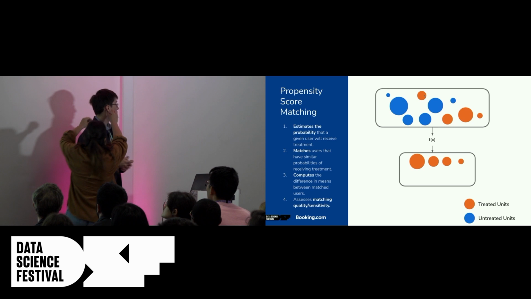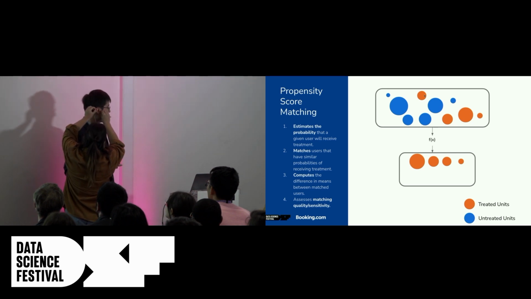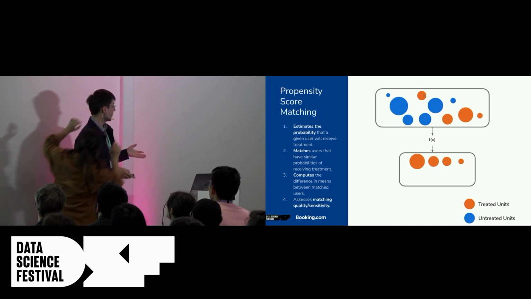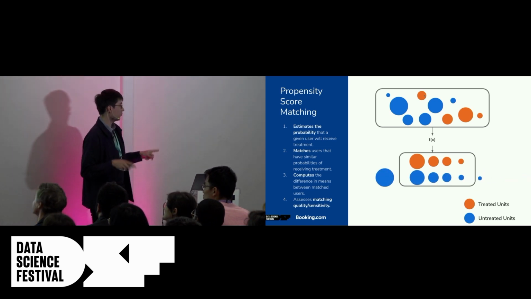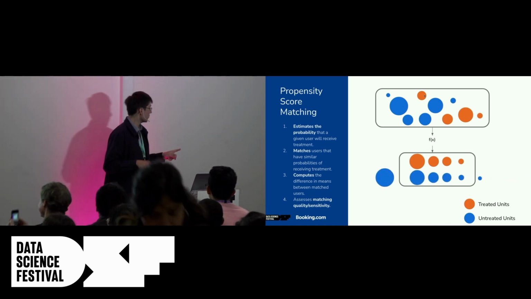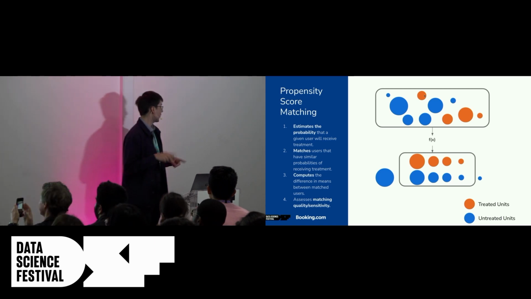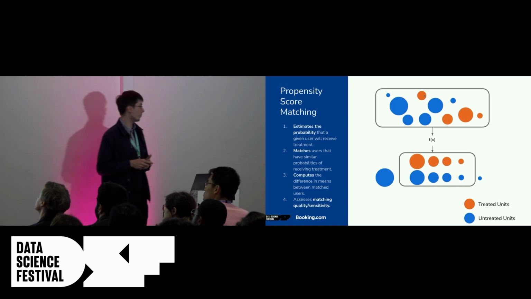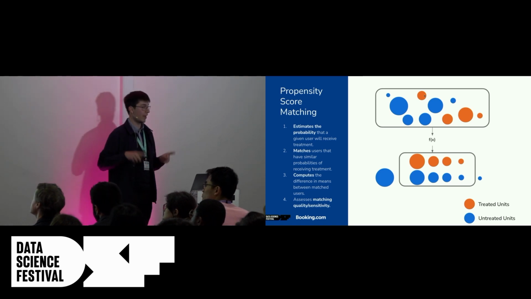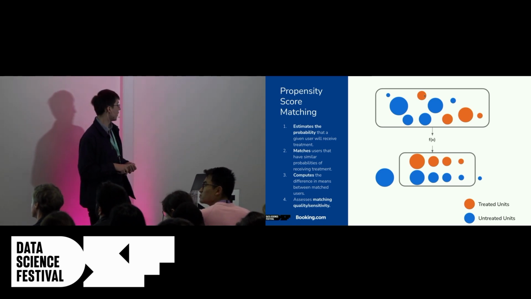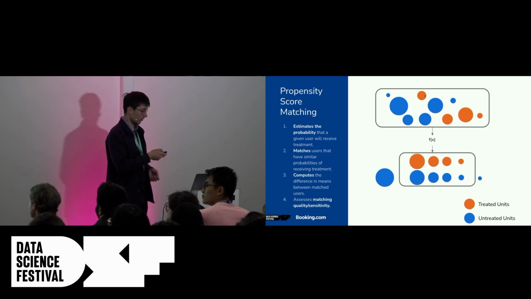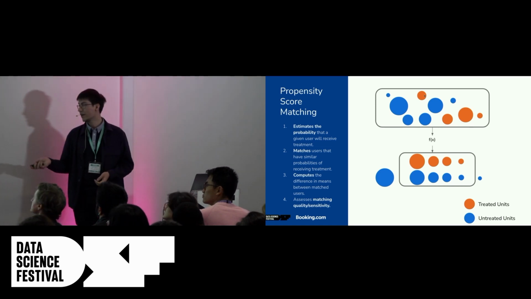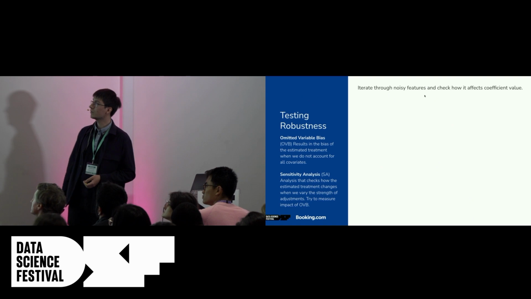We extract all the orange bubbles, and we try to match the blue bubbles to the orange bubbles. Then we take the difference between the observed outcomes, and that's our estimate of the average treatment effect only on treated users, so only on the orange bubbles.